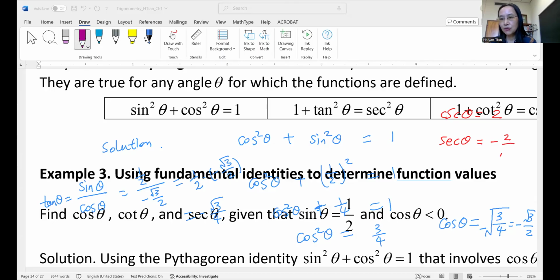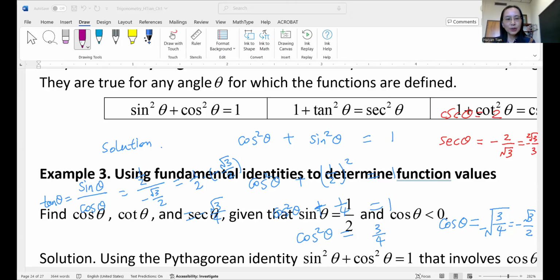So negative, you see the cosine we found. So reciprocal of the cosine is secant. But you can rationalize it. So you get negative 2 square root of 3 over 3.